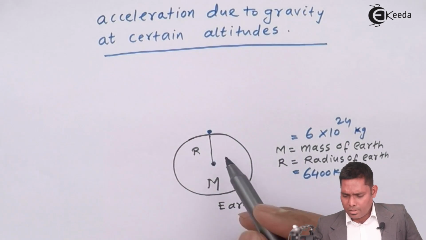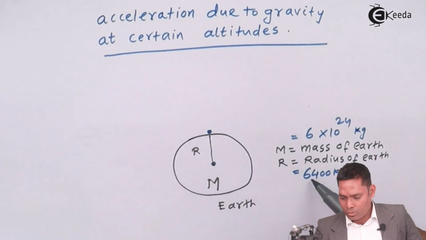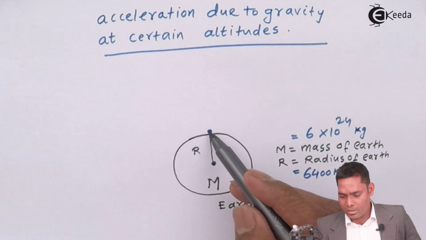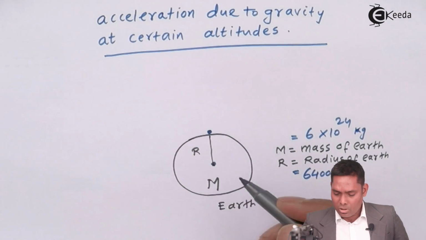Such a heavy mass and such a large radius, if a point mass is compared to 6400 kilometer, if the object is at a certain height, say 1 to 10 meter, it doesn't matter much.